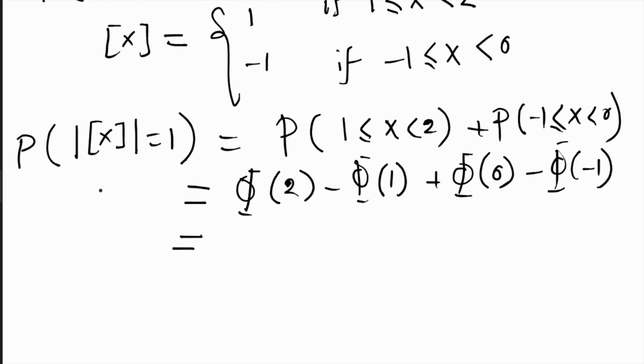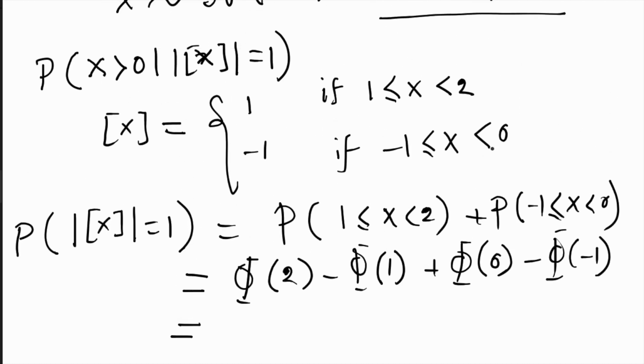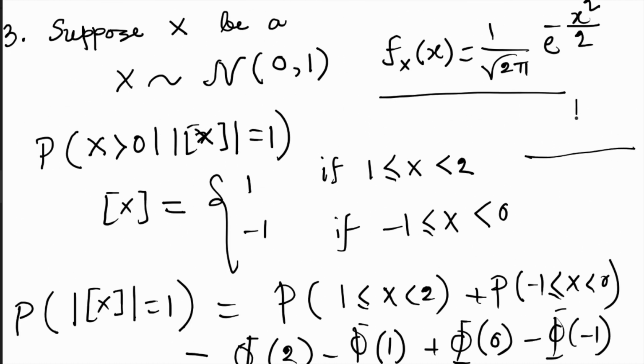We know that the normal distribution function is symmetric about its mean, and for the standard normal distribution the mean is 0. The sum from minus infinity to plus infinity is 1, and since it is symmetric about 0, the probability of this side should equal that of 0 to infinity.